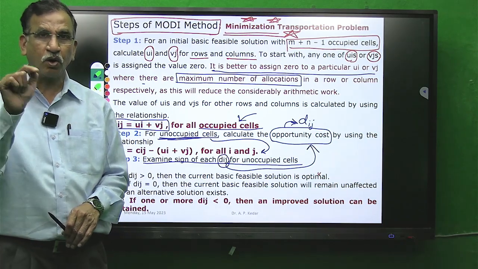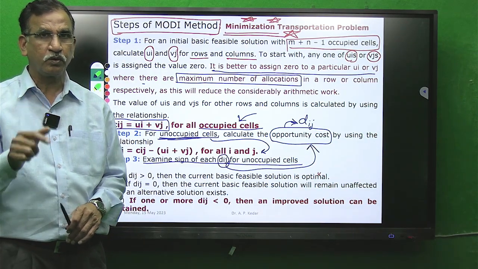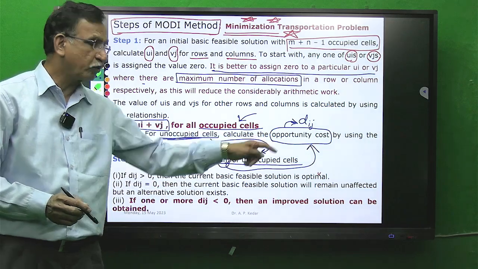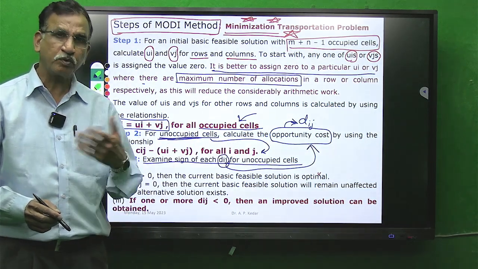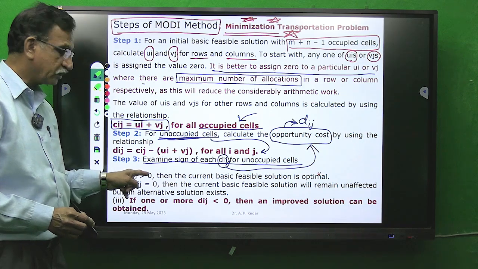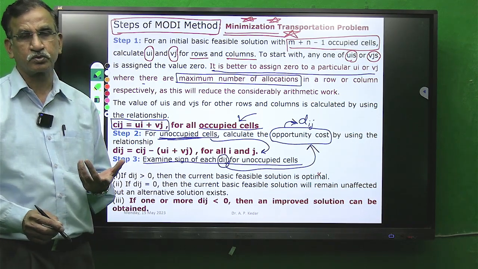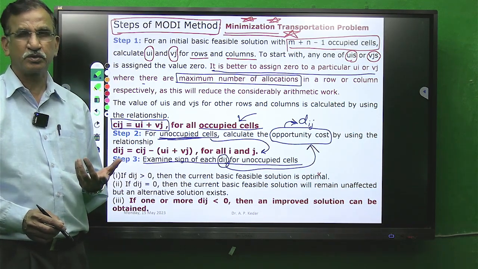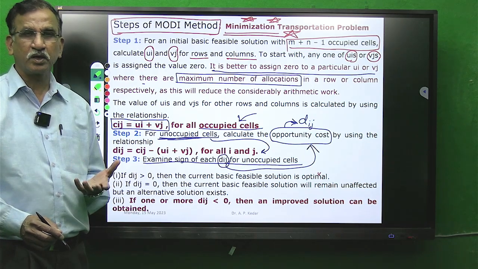If you are getting all values of Dij, that is opportunity cost, with positive sign, if Dij is greater than 0, when will you get a positive sign? It's very simple, when the values are greater than 0.